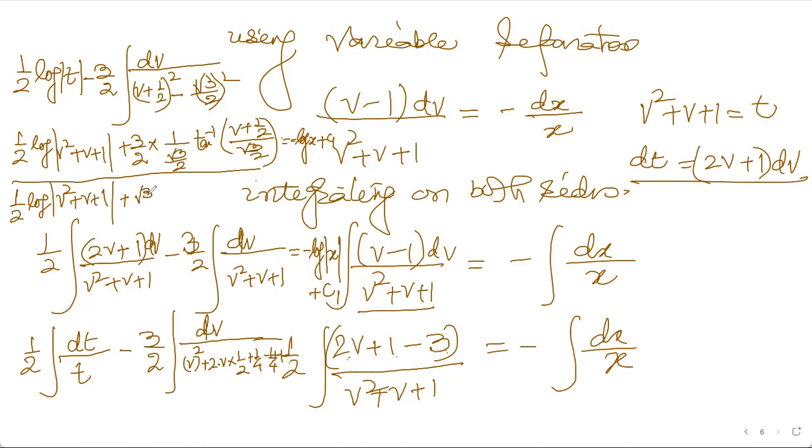That gives root 3 tan inverse v plus half upon root 3 by 2. If I take LCM, this becomes 2v plus 1 upon root 3 plus c1 is equal to negative log x plus c1.